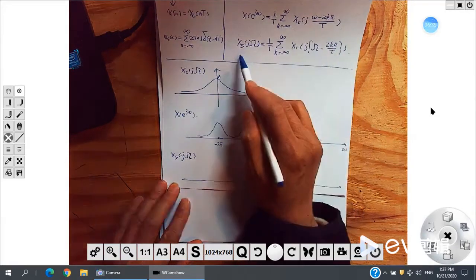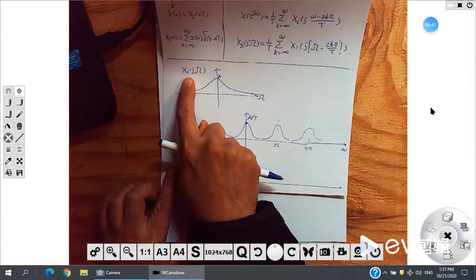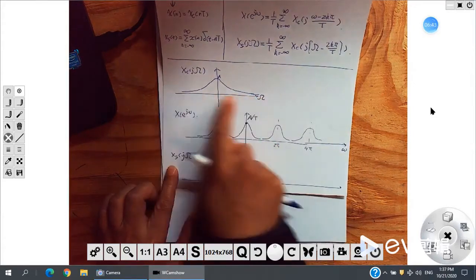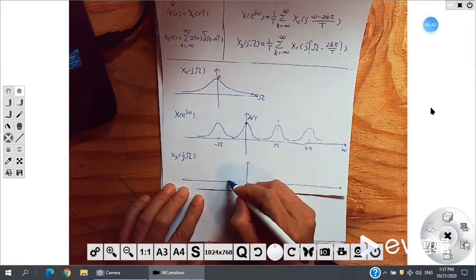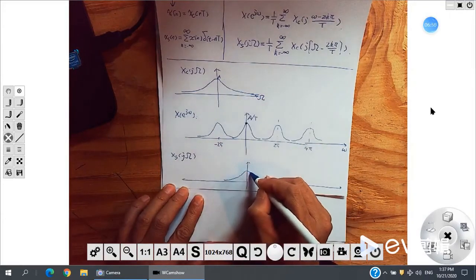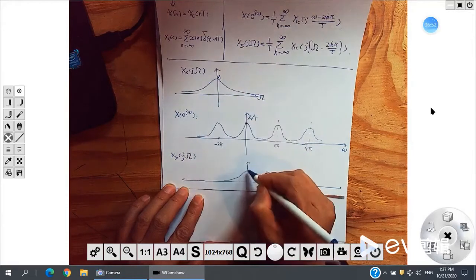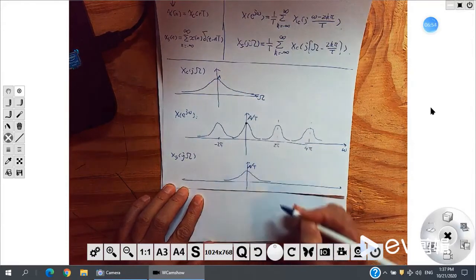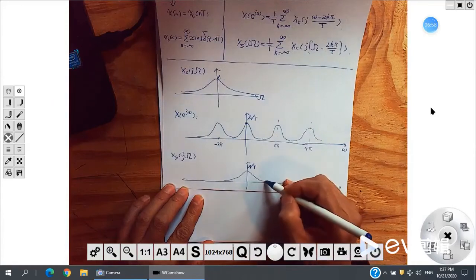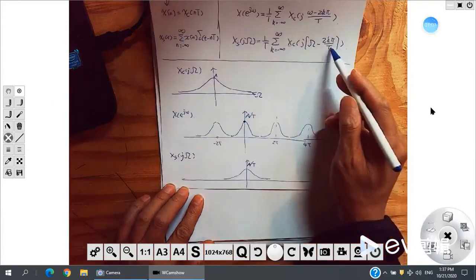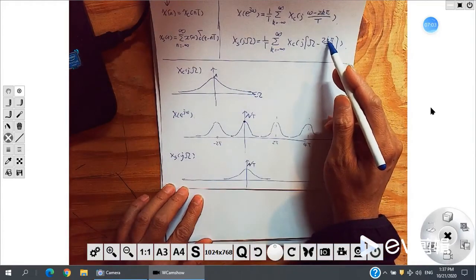So XS and XC on the omega side have no scale; it's the same. But here is also A over T, because you have 1 over T in the front. The copies are centered at every k times 2 pi over T.